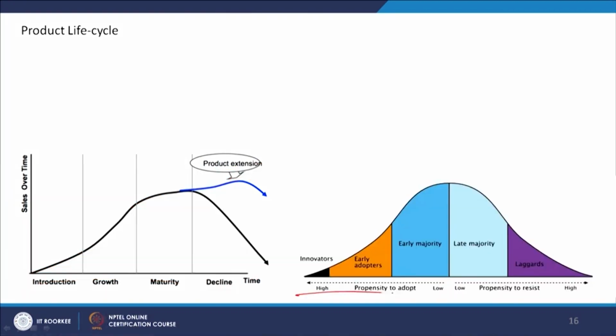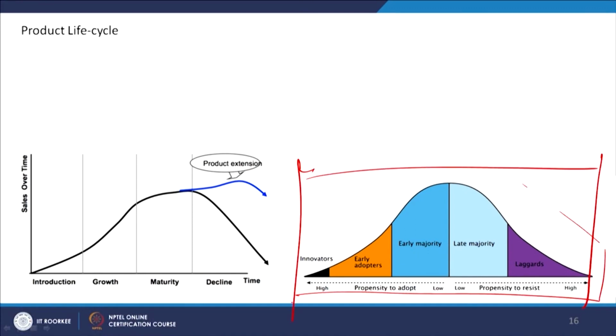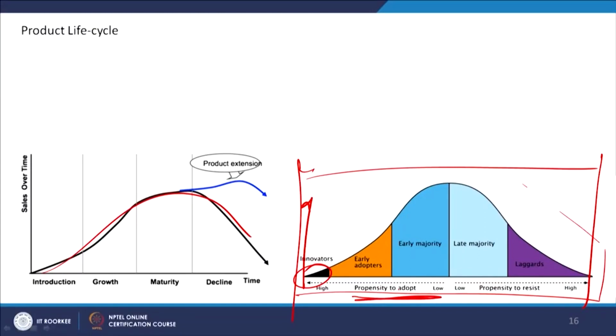Based on the product life cycle, because of users' acceptance of the technology or the new product or new website, this kind of fallback also happens. First, the innovators, it is confined within the innovators or the designers, they only use that. Then, based on the propensity of adoption, the early adopters use the new features of new websites, new web applications. Then there is the early majority, and the next phase is the late majority, who have a little less adaptability or acceptance.